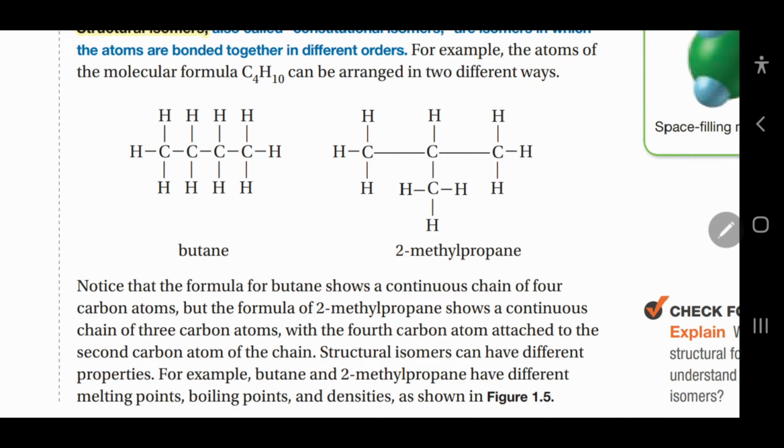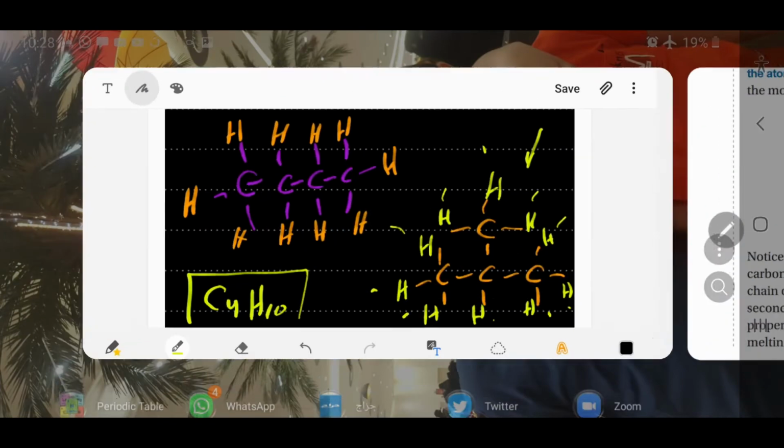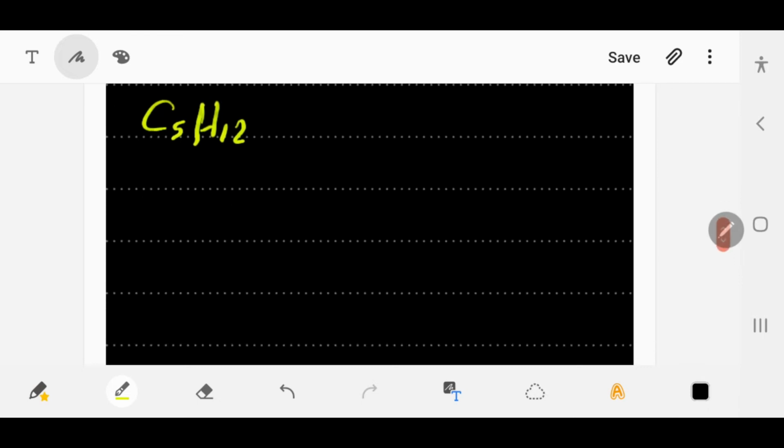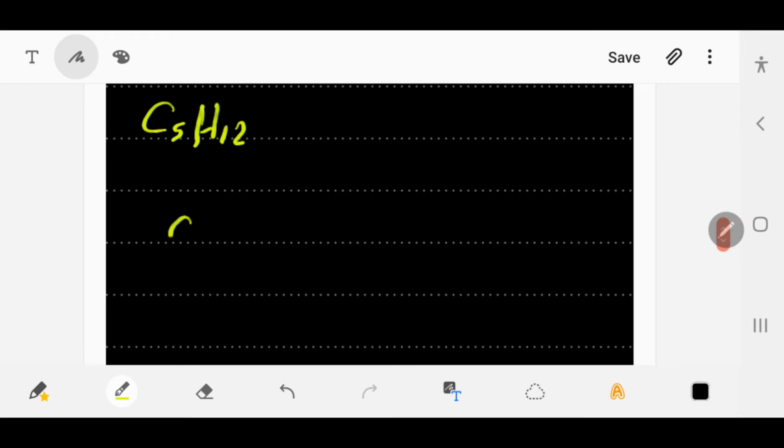Let's take another example. What if we have a carbon compound with 5 carbons and 12 hydrogen atoms, C5H12. First one, of course, 1, 2, 3, 4, 5.